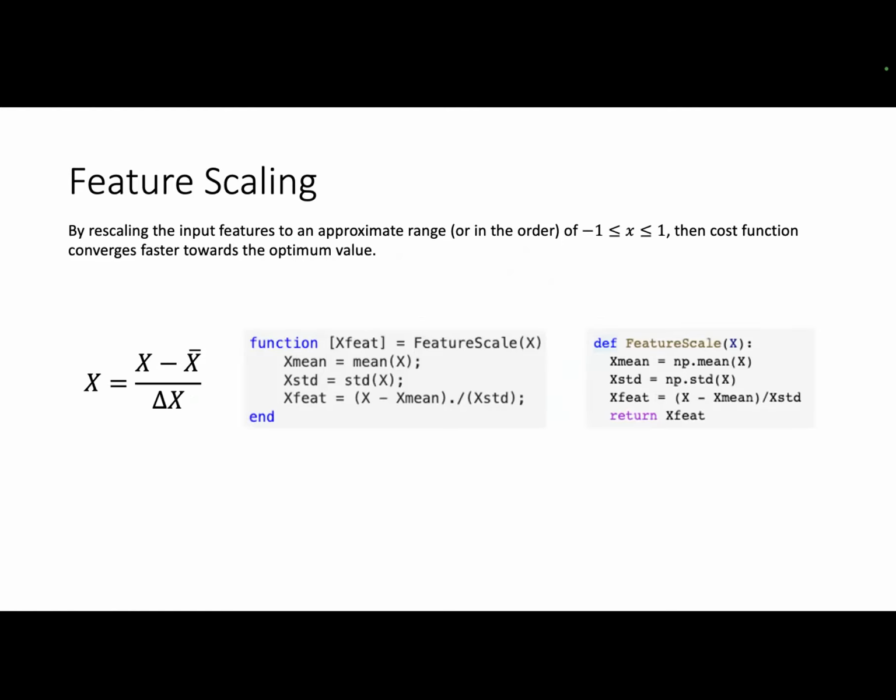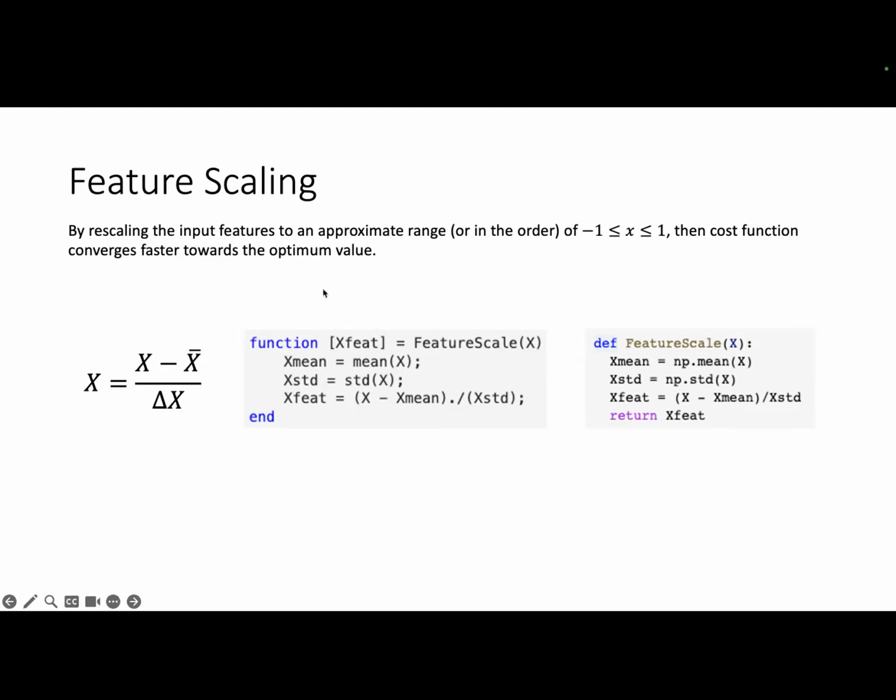There's one more thing na importante para mapabilis yung pag-approach nung cost function sa gradient descent to the minimum value or to the optimum value, and that is called feature scaling.